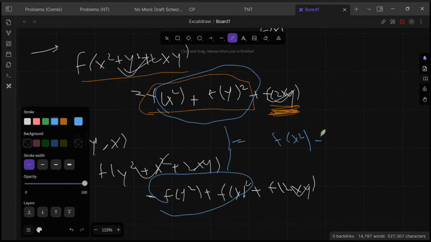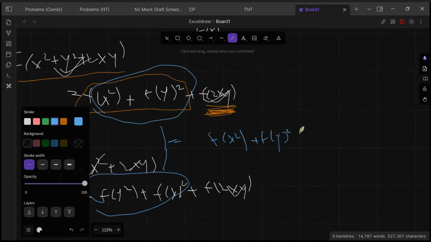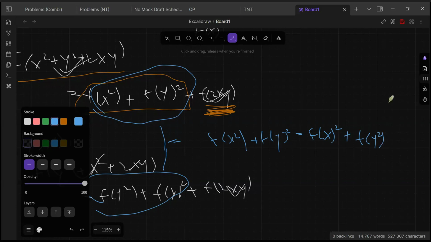x squared plus f of y squared is equal to f of x squared plus f of y squared. In this case, it might not be so useful, but in other cases it might be really useful. You can still use it.